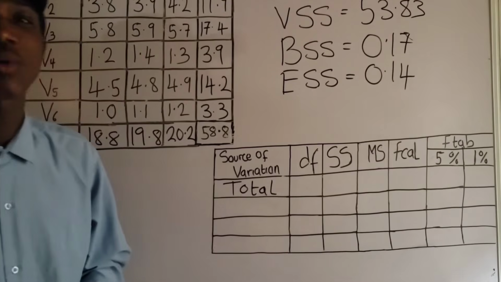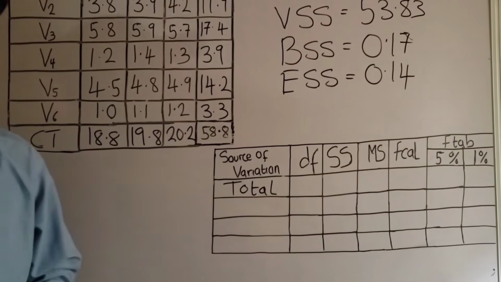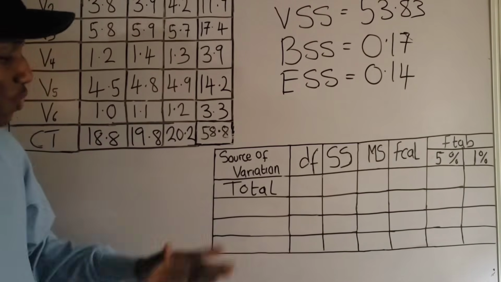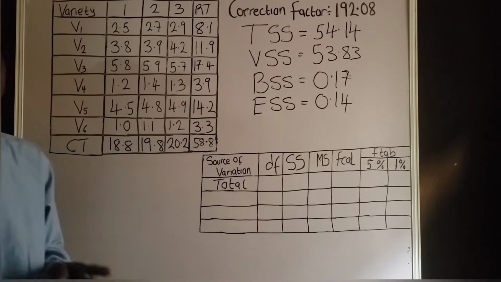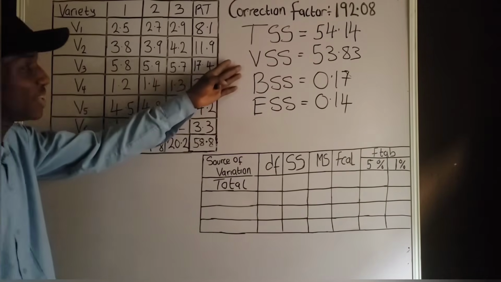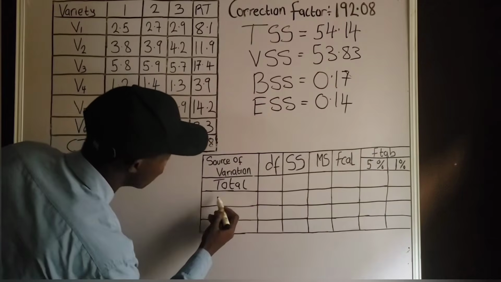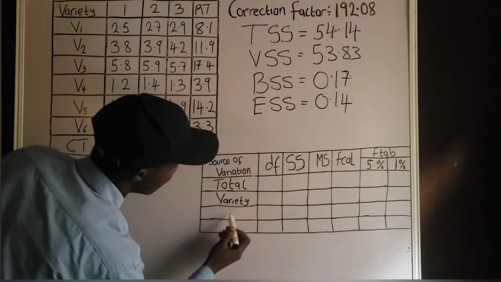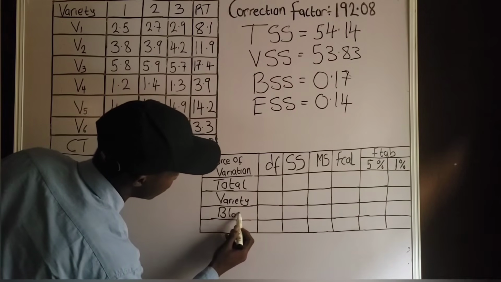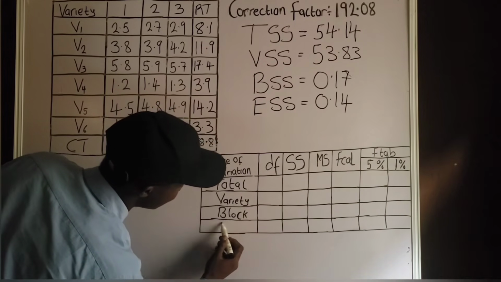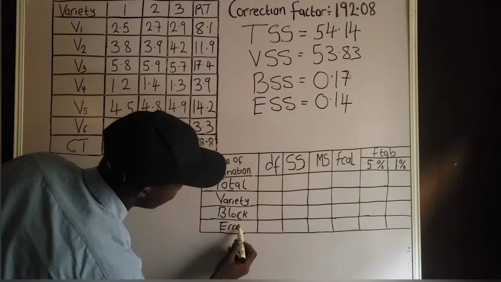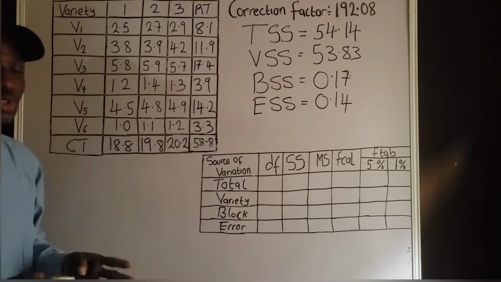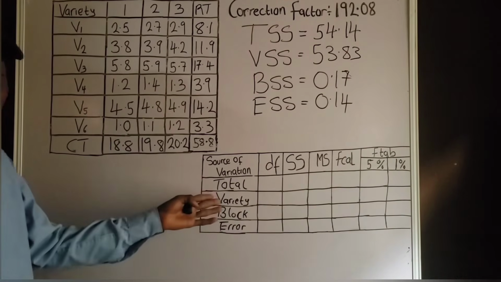Then based on the calculated or given parameters in the question, we fill the others. From our calculated parameters, we have the variety, block, and error. Don't forget that variety is also the same thing as treatment. You can also represent it as treatment.